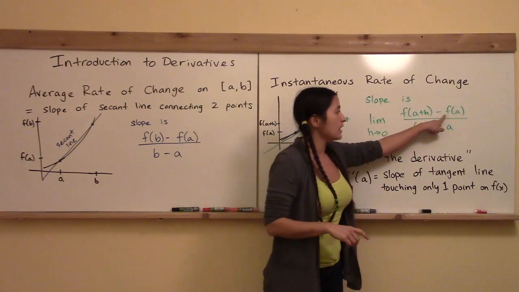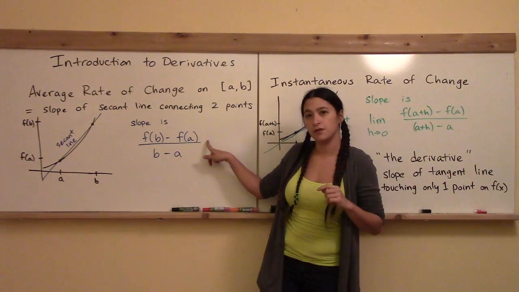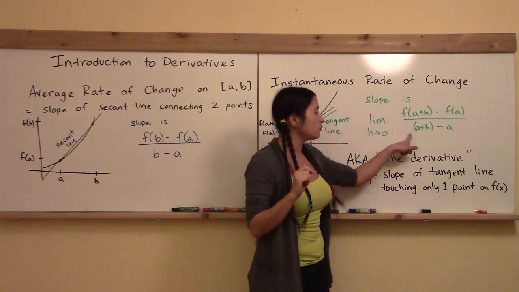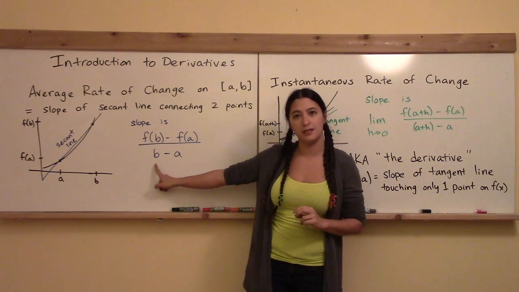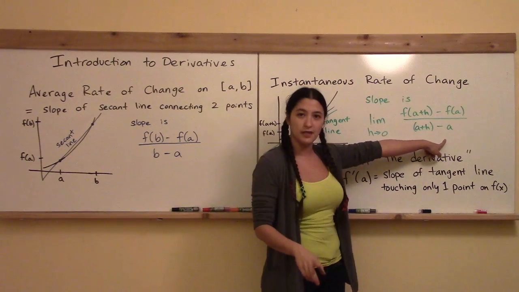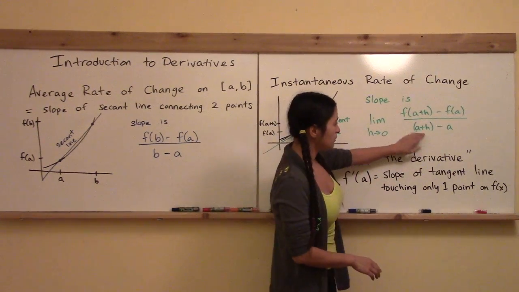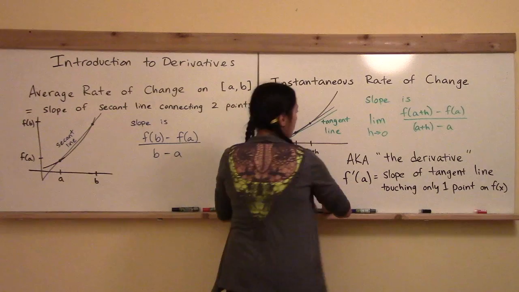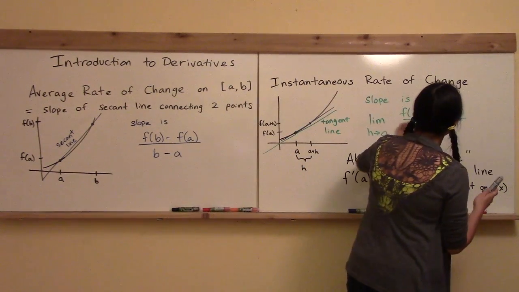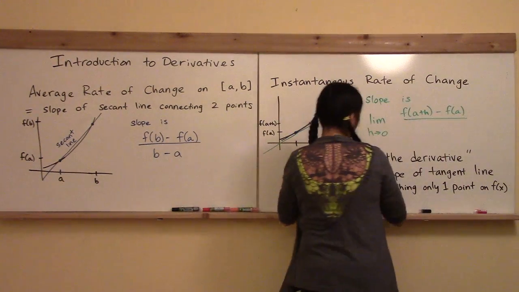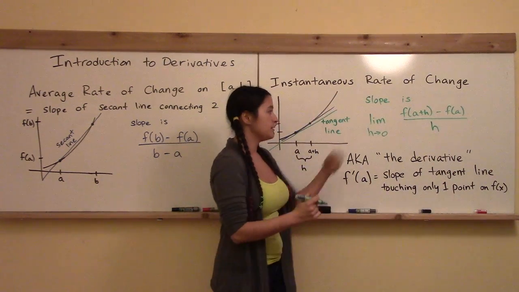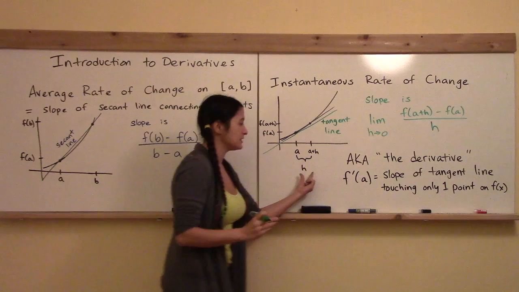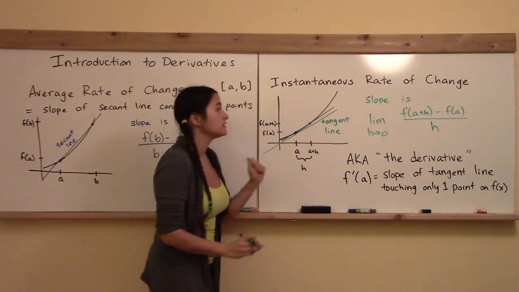Then we subtract off f of a, just like we did over here. On the bottom, we take the a plus h, which is conceptually the same as the b here, and subtract off the a. Actually, if I do a plus h minus a, that simplifies: I can cancel the a's, because I have a plus a and a minus a, and I'm just left with an h. But that's where the h comes from: it's the difference between these two points.